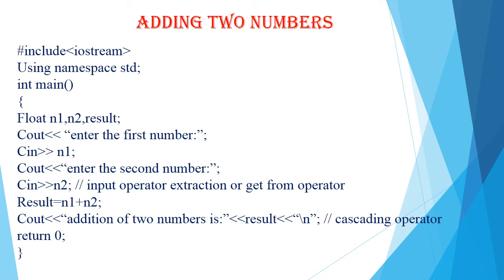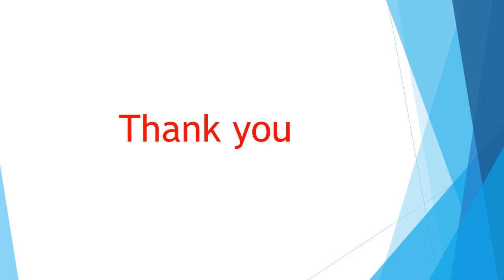Here using the double lesser than symbol more than one time is called the cascading operator. That means first it transfers the information, addition of two numbers is, and then it transfers the variable result, and then it displays the information to print the result in a new line. And finally we are using the return statement. Thank you.